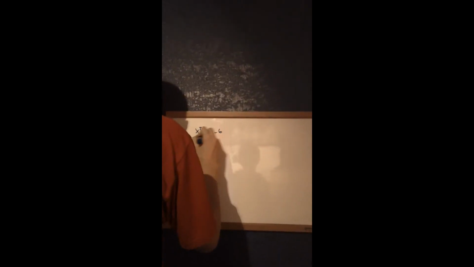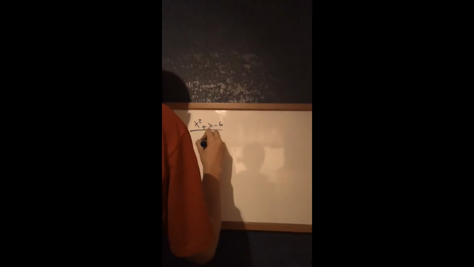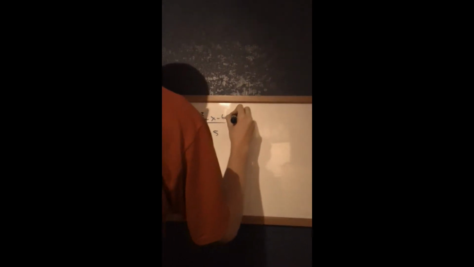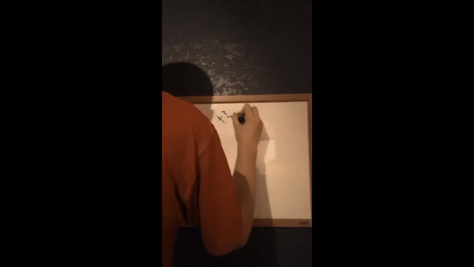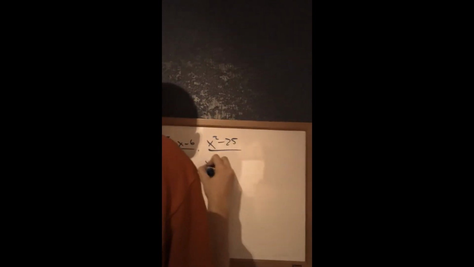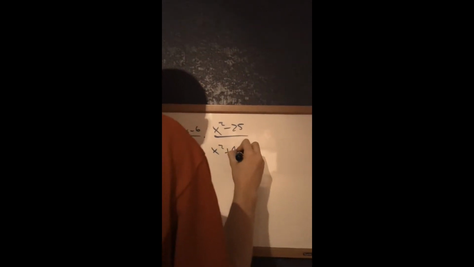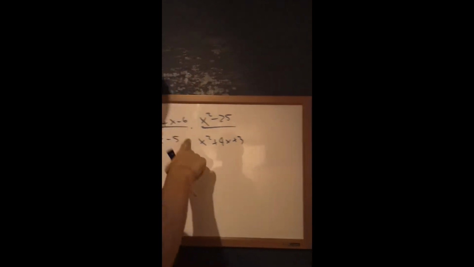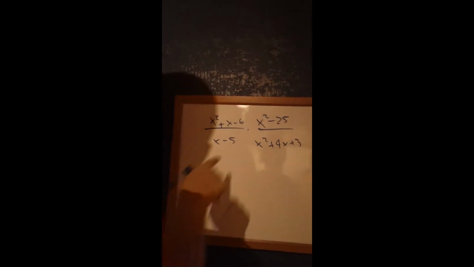This is multiplication. We'll do x squared plus x minus 6 over x minus 5 times x squared minus 25 over x squared plus 4x plus 3. Factoring is very important here. This is what you have to do first.